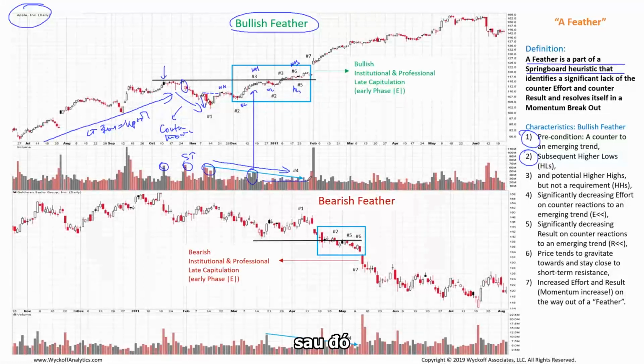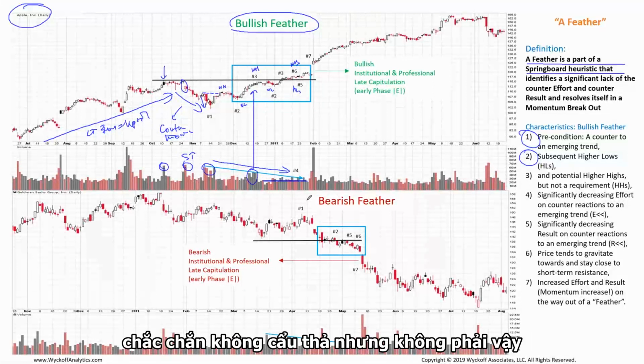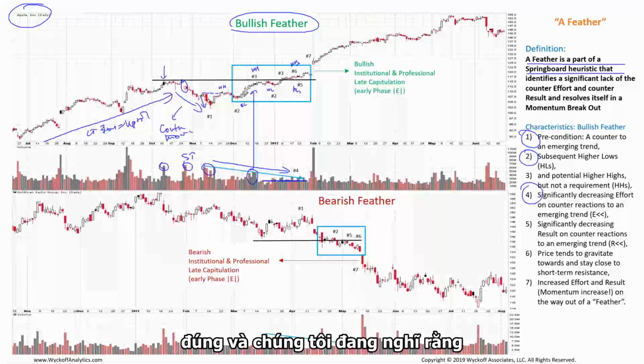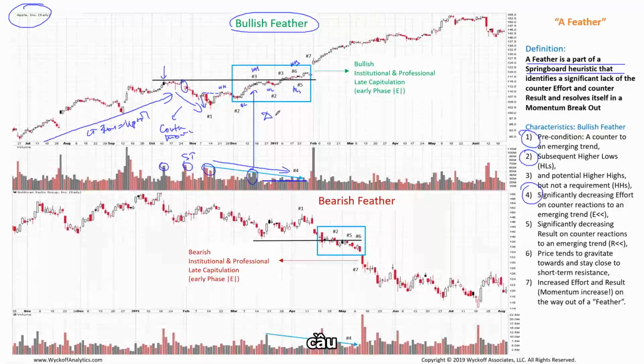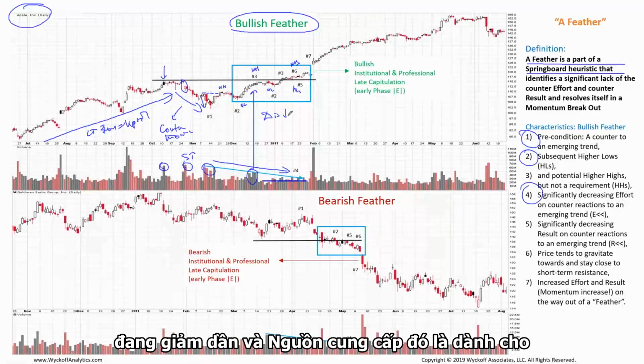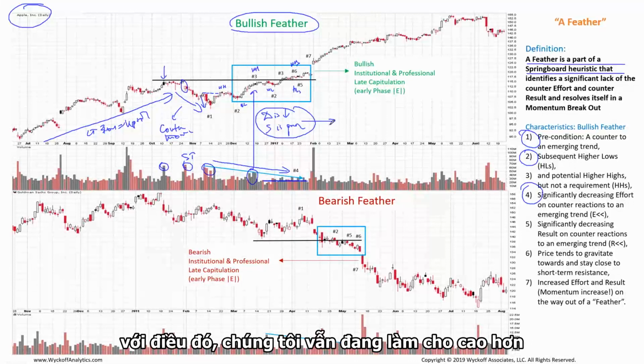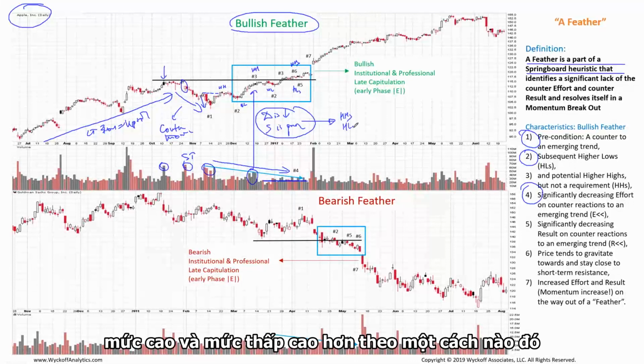But then after that, both supply and demand are somewhat, definitely not negligible, but not that active, right? And we are thinking that demand is diminishing and that supply is poor. And that's the whole situation. And even with that, we're still making higher highs and higher lows.